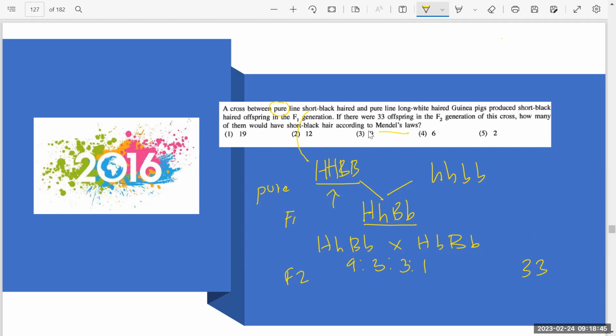Do you agree this is short black hair? Yeah, this is short black hair.